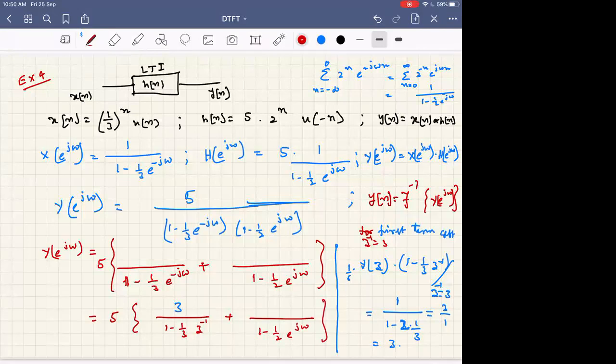Okay, so now just check whether what I'm writing is correct or not.